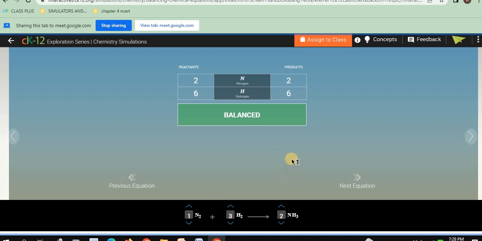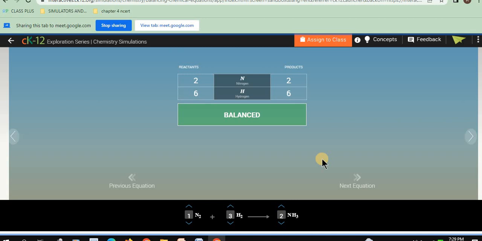So ammonia, when added with water, what will you get? Think of that. Take your time. Tell me what you will get when you add ammonia plus water. Ammonium hydroxide. Absolutely right. Now, a substance which gives H positive ions is known as an acid, and a substance which gives OH negative ions is called a base.